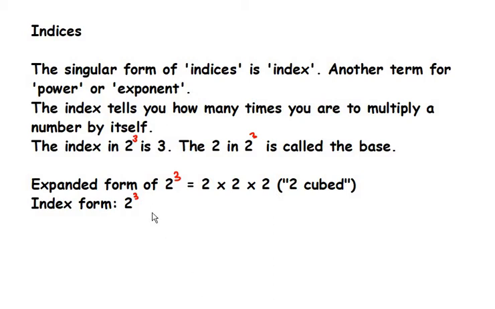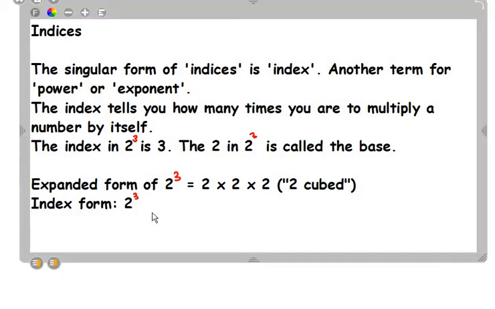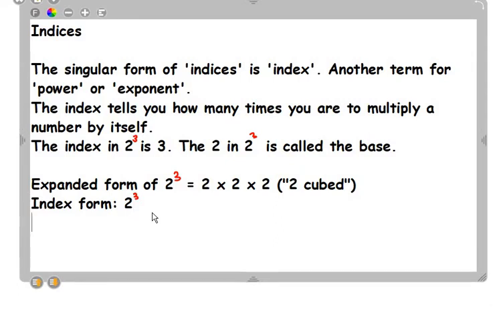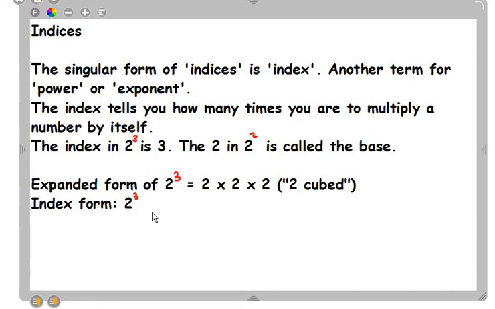Okay, this can also be used for variables as well. So indices can be used to represent a variable that is being multiplied by itself whatever number of times. So say for example, if I wanted to write a times a times a times a, let us say a is being multiplied by itself 4 times.